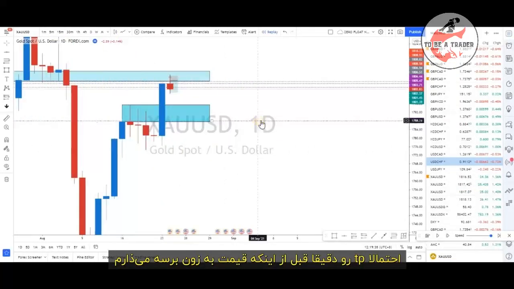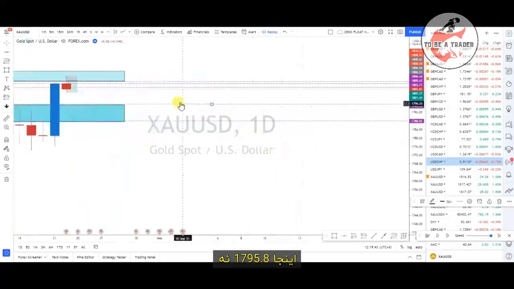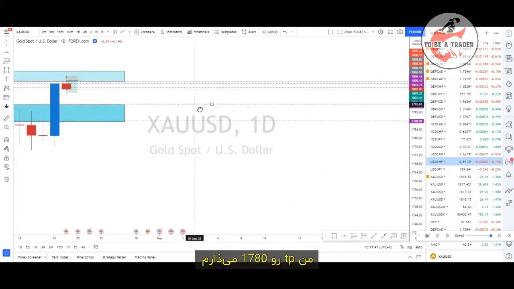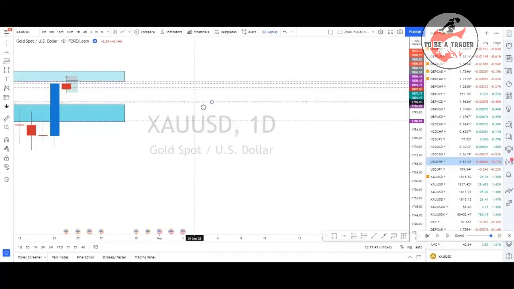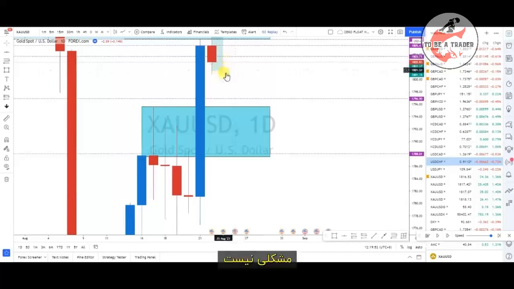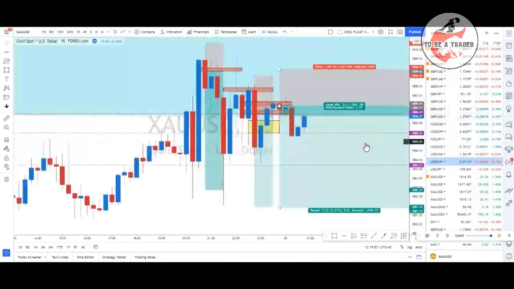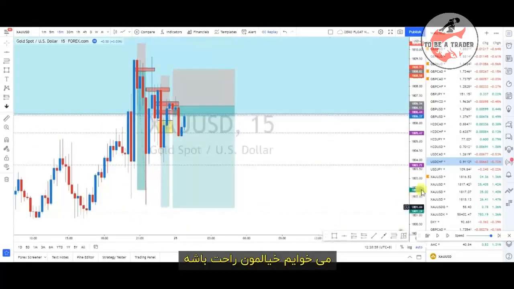Okay, so I'm going to take another horizontal line. Let's say here is 1795.8. I'm going to TP at 1780, then 1796, 1796.9 or thereabouts. Okay, it's fine, no problem. I just want to be safe.